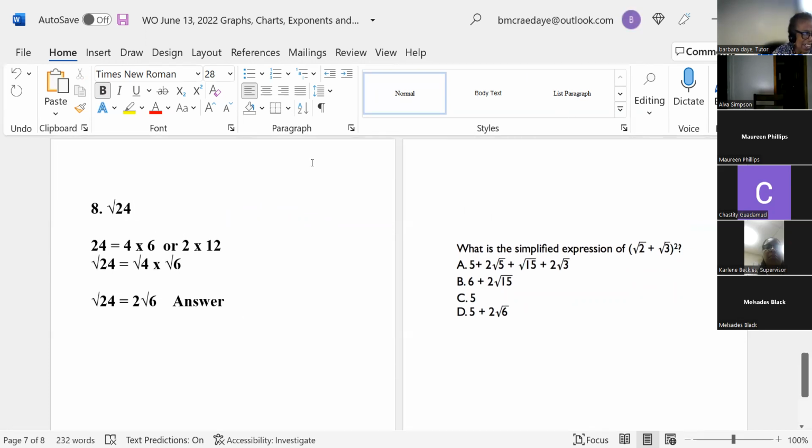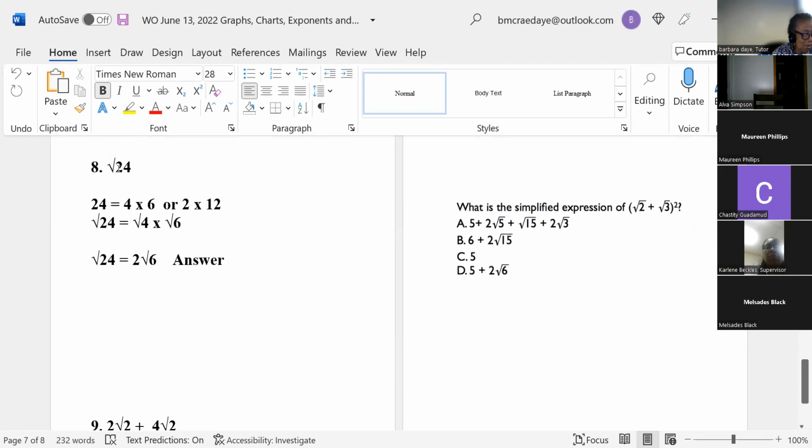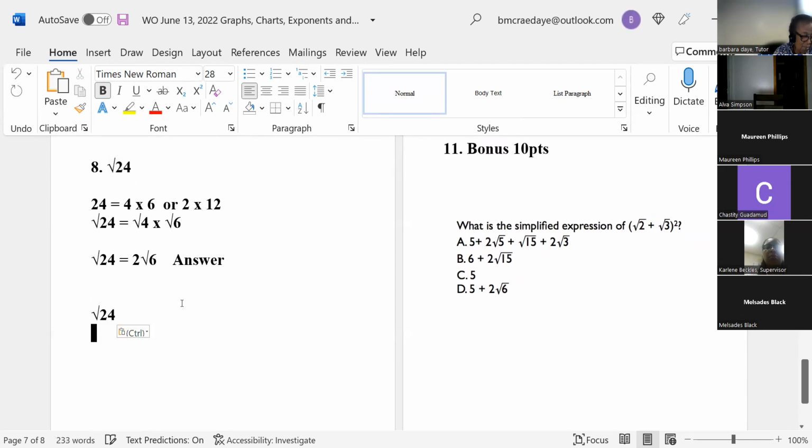All right. Before we look at the next one, let me give you another radical here. And this would be 98. Simplify that number.